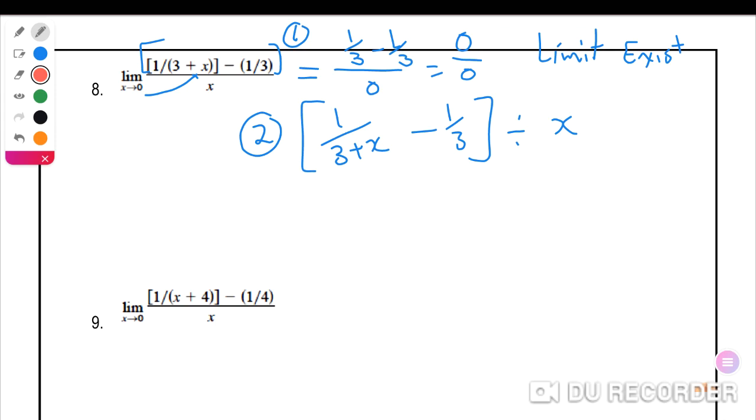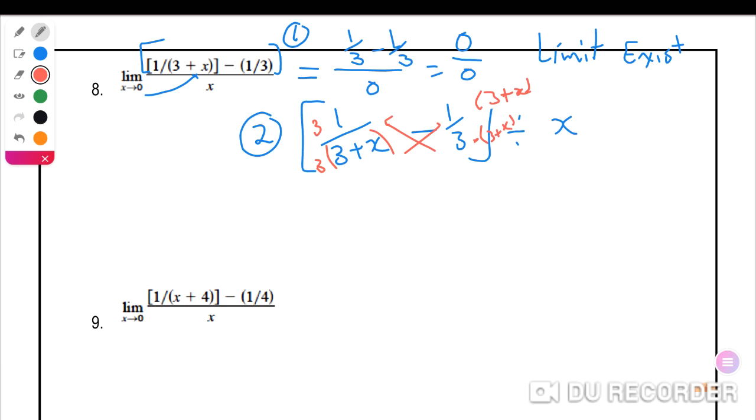Here I will multiply by 3, and here I multiply by 3 plus x, using the cross product, as you remember. Over 3 times 3 plus x. Clear or not clear?